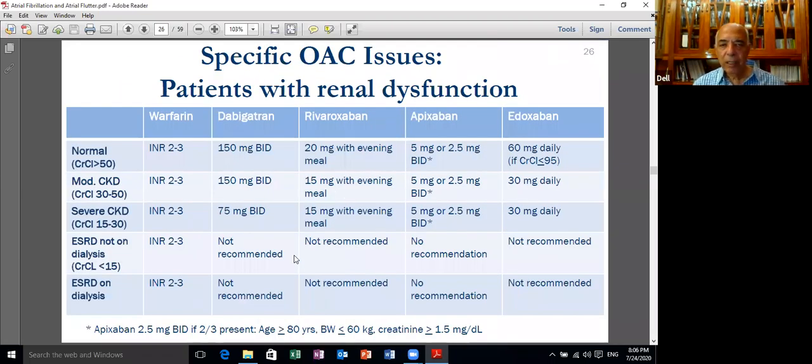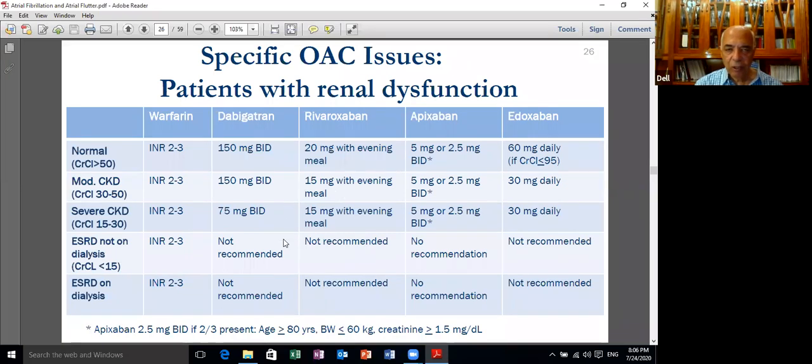This shows the importance of finding and looking for patients with renal dysfunction in order to avoid the use of these NOACs. And as I said, whenever you come down below a glomerular filtration rate of 50 milliliters per minute, you have to be cautious.